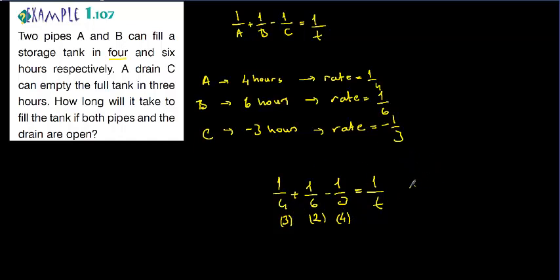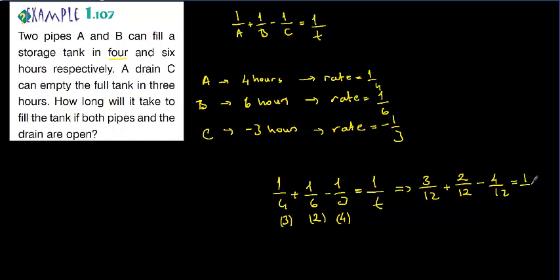The first one is going to be 3 over 12, the second one is going to be 2 over 12, and the last one is going to be 4 over 12.